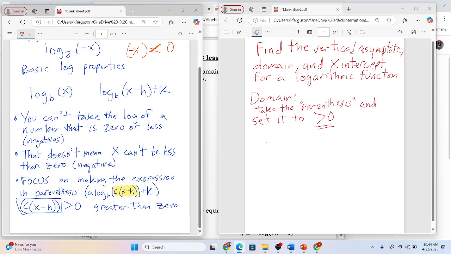There could be a number in front of your log, and you've got your base, and then a number outside of there. The part that you're taking the log of has to be bigger than 0. That's the way it is.